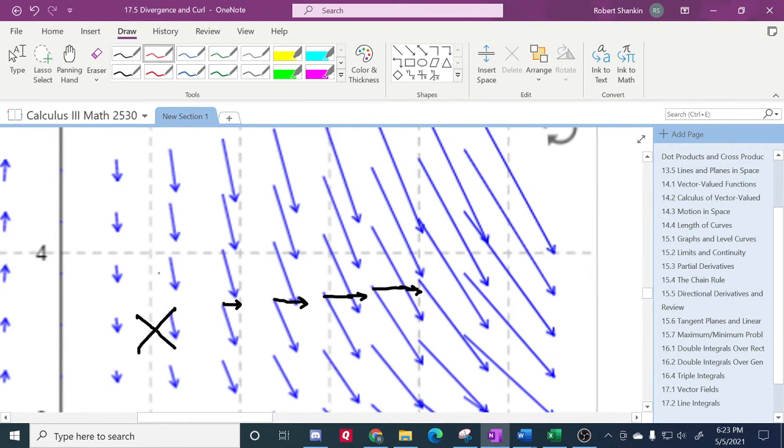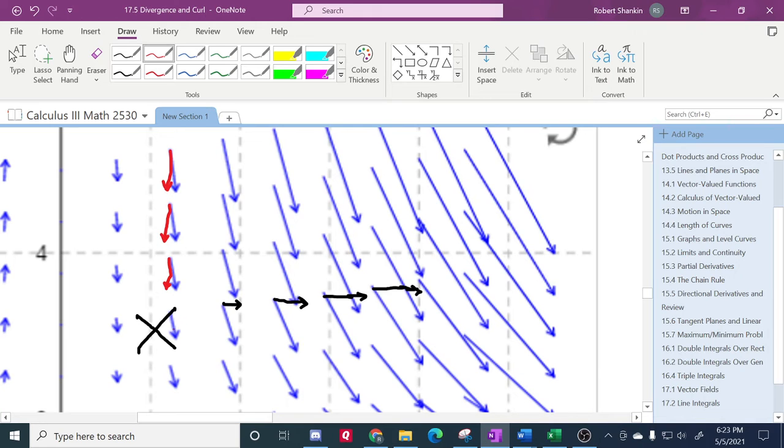But let's blow this up and look. Each of these vectors, as I move in the y direction, the y components of the vectors are getting bigger, but bigger negative, because they're going down.